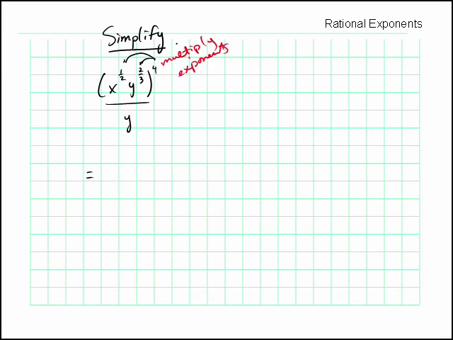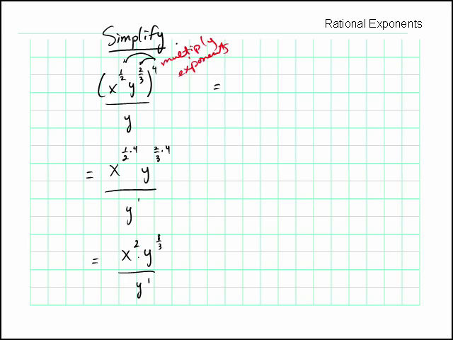And so this is x to the 1/2 times 4, y to the 2/3 times 4, over this y to the 1st power. Multiplying, that's x to the 2, y to the 8/3 over y to the 1st.